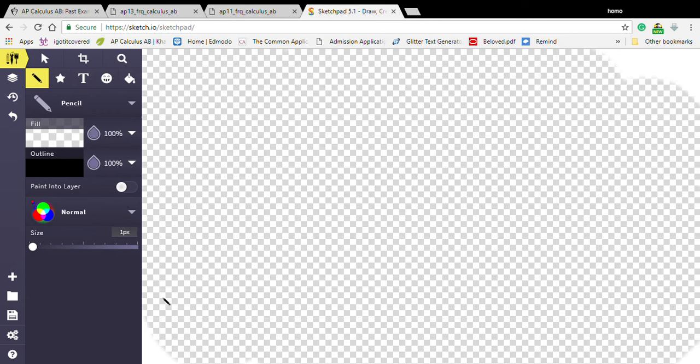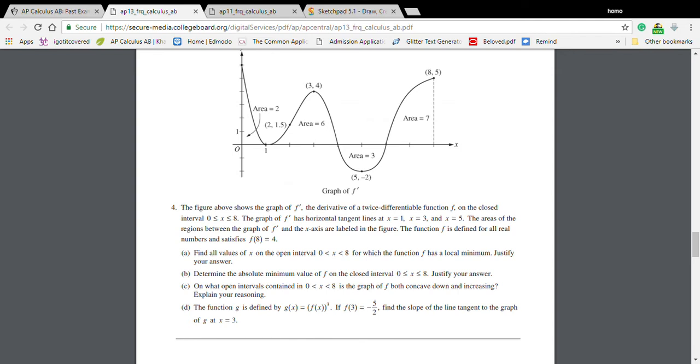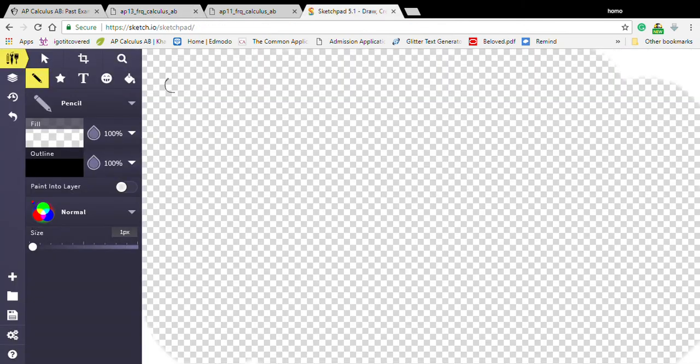So for C, it says on what open intervals contained in 0 to 8 is the graph of f both concave down and increasing, and explain your reasoning. For C, f of x has to be concave down.